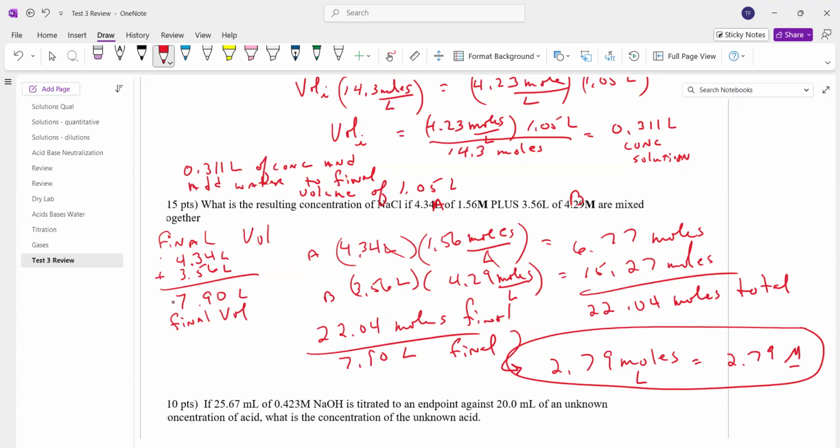So the final concentration of sodium chloride is going to be 2.79.